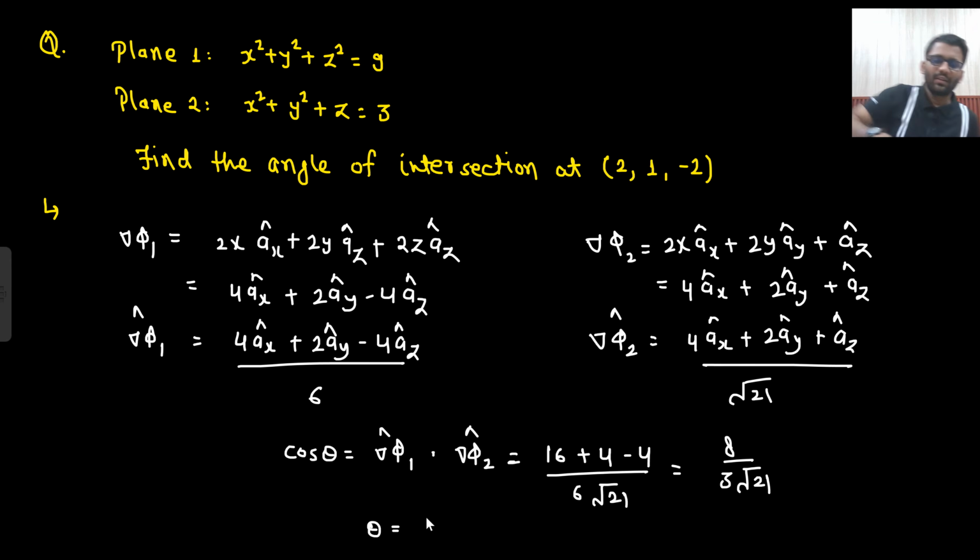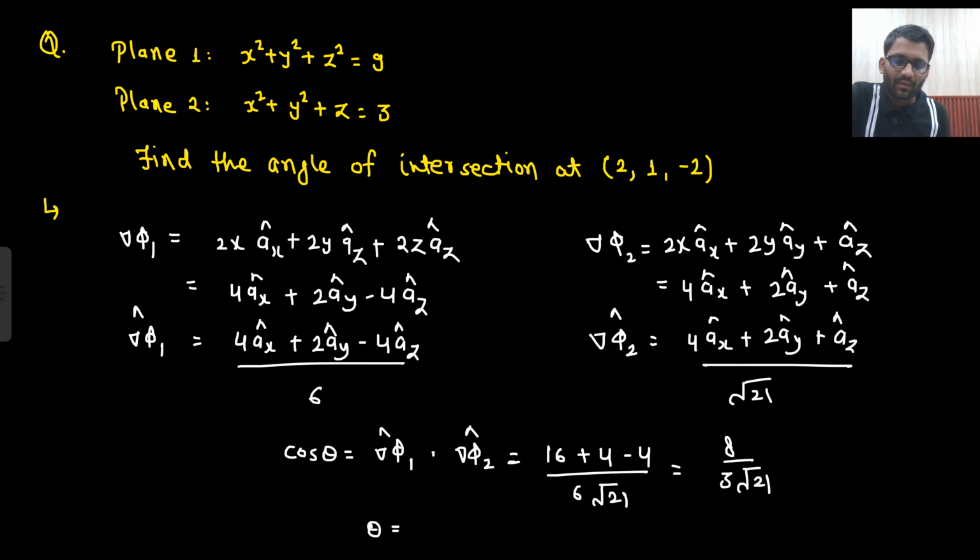So the answer will be 8 by 3 under root 21. I can also calculate it: cos inverse of 8 into the reciprocal of 3 root 21 gives 54.41 degree.